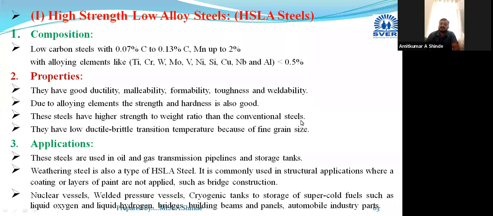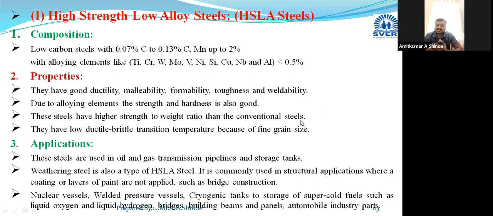If you have seen oil and gas transmission pipelines, oil or gas is transmitted from the source to the consumer through a pipeline. The transmission pipelines and the storage tanks used for storing these oils and gases are made from HSLA steel only.